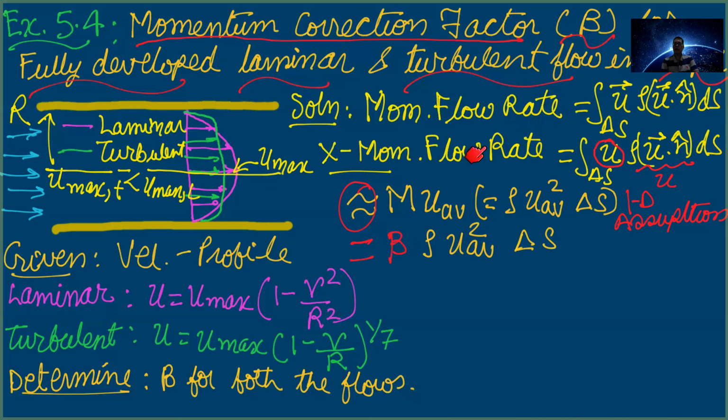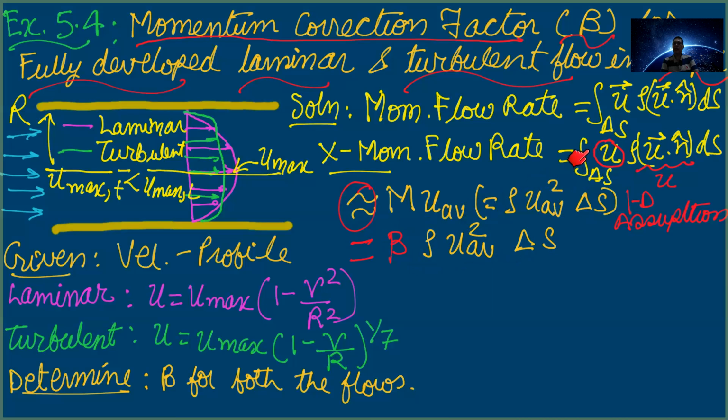Now I'll obtain the expression for beta. To obtain the expression for beta, I will equate this with this. What is this? This is the integral of rho u square dS. And what is this? Rho u average square dS. If you equate these, rho cancels from the left and right hand side because it's an incompressible flow.